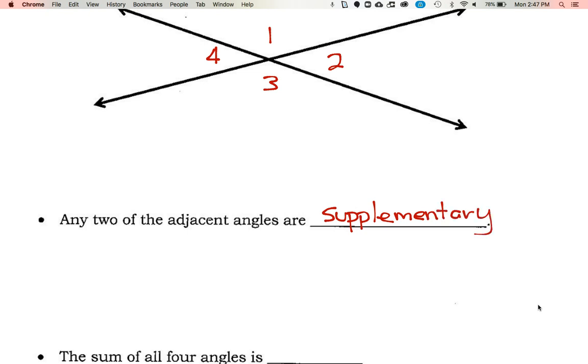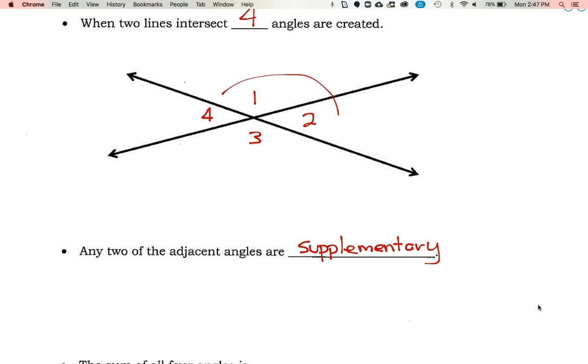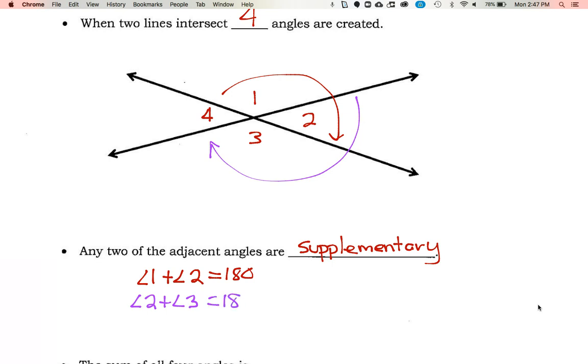Meaning they add up to 180. Remember, we have to be able to see that. Angle 1 plus angle 2 equals 180. Angle 2 plus angle 3 has to equal 180.